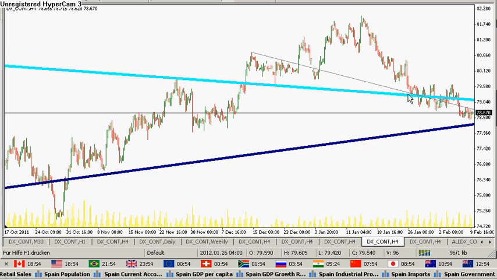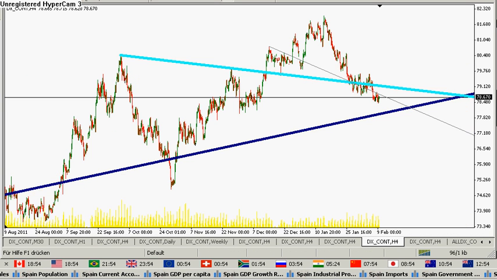Monday we broke the big line, Tuesday the shorter line, and now we are trading, creating consolidation above these two lines. So once again we are here at the crossroads or triangle, yes.